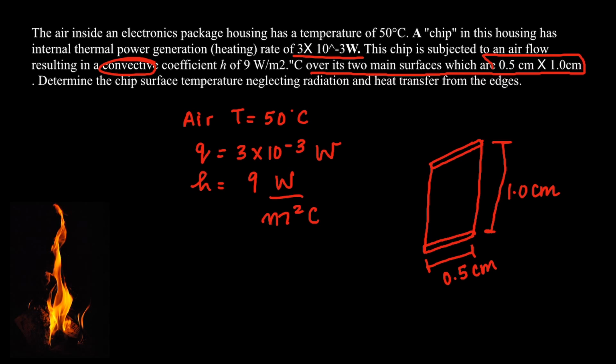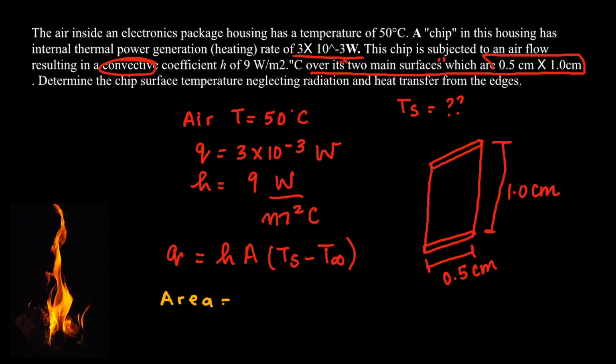And this is happening from two main surfaces, right? And we know that convective is this: Q equals H A (Ts minus T infinity). We need to find out Ts. In this case, we need to find out first the area, which is the really important part. Other than that, everything is given.